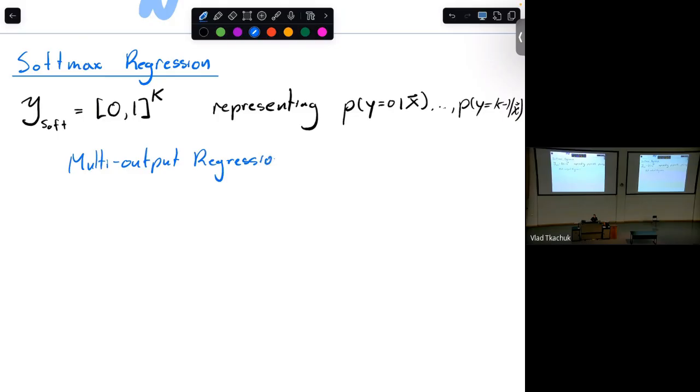Where you're now outputting a vector instead of just a single continuous value.